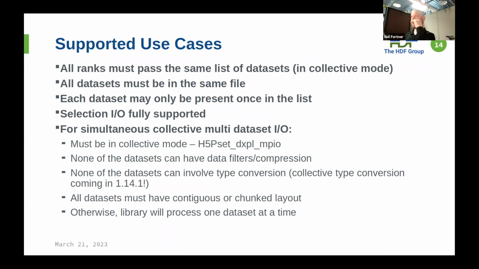Then selection IO will be beneficial. That feature is out in an experimental form right now in 1.14.0, but it's going to be productized in 1.14.1.